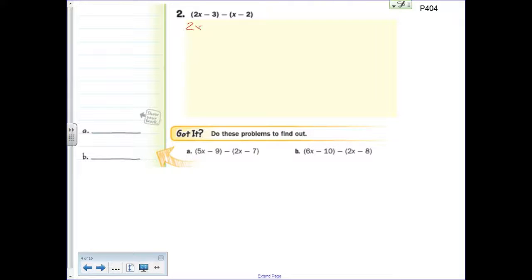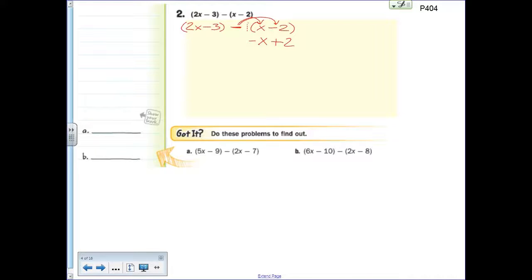2x minus 3 in parentheses. There's that negative in between, and then x minus 2. Again, we're going to distribute an understood -1 to what is in parentheses. -1 times x makes it -x. -1 times a -2 will make it a positive 2.